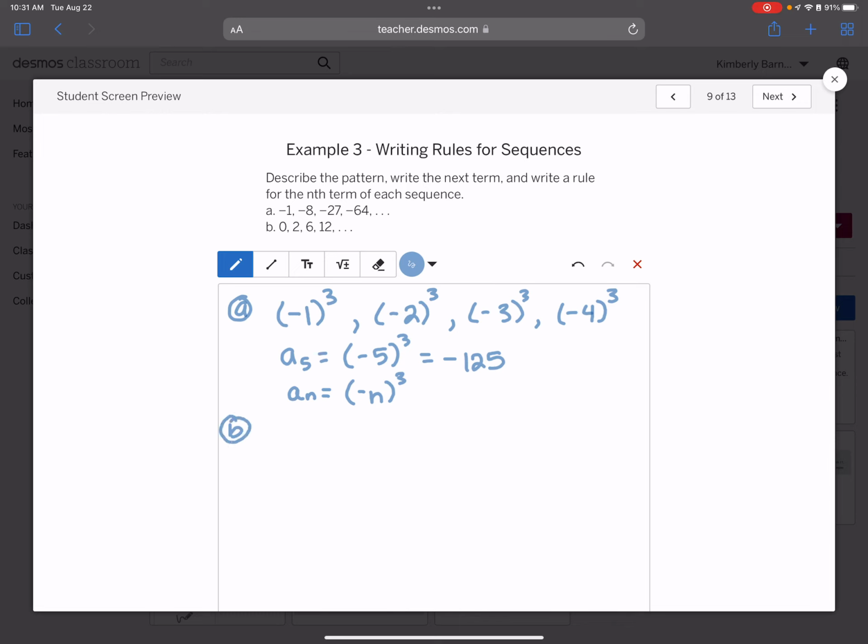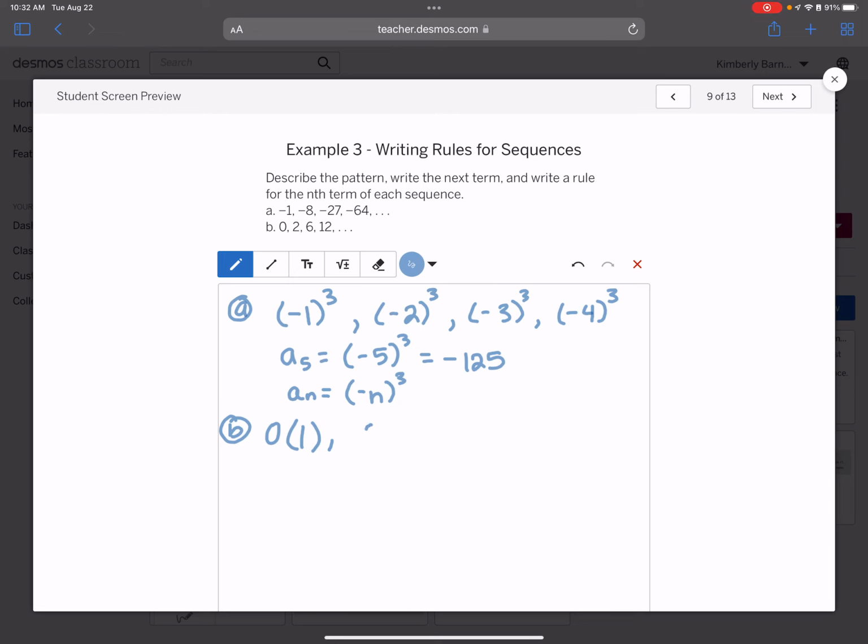All right, part B: 0, 2, 6, 12. So I notice I start with 0, and then I'm going up 2, and then I'm going up to 6. It's like I'm taking each previous term and multiplying it by the position it's in. So if my first term is 0, it's like I'm taking the position 1 and multiplying it by the previous position, which would be 0.